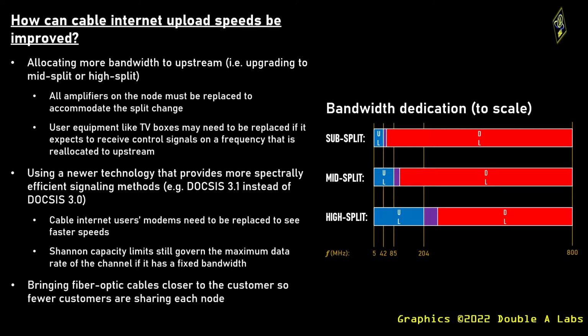Cable companies can also bring fiber optic cables closer to the customer, so fewer customers are sharing each node. Of course, though, it is costly to run new fiber optic cable and install new nodes. And be aware that cable companies are doing all these things just when they have such large service areas and shareholders may be more important than customers, so rollouts can be slow.